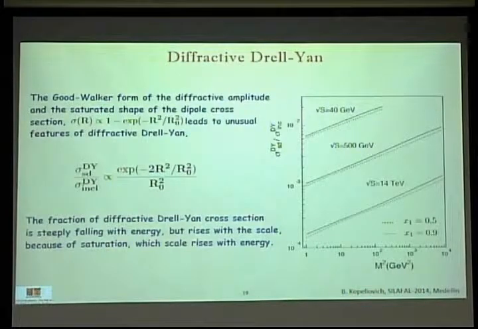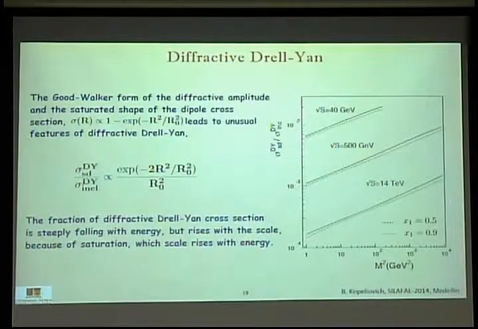And I just want to show some results of this calculation. So this is the fractional diffractive Drell-Yan cross-section over the inclusive Drell-Yan cross-section at different values of Bjorken x1 and for different scales, for different dilepton masses.